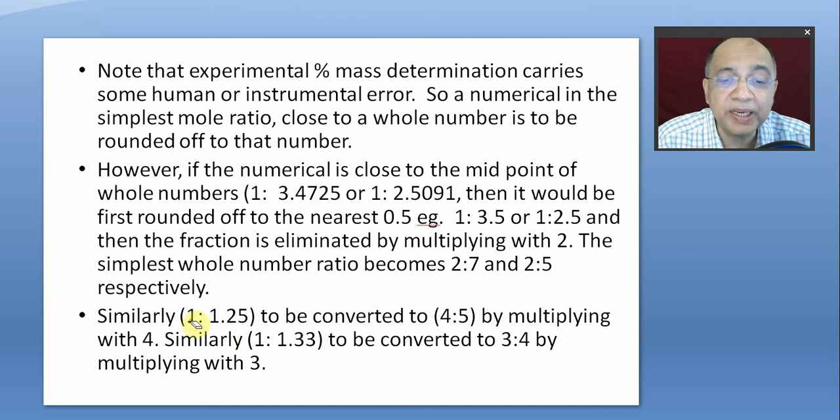You have to multiply the whole by 4, so it becomes 4, this becomes 5. Similarly, if you are getting close to 1.33, 2.33, 4.33, then you cannot round off to 1 or to any nearest whole number. You have to multiply the whole ratio by 3, so it becomes 3 here and this becomes 4 here. So in this way, we have to find out the simplest whole number ratio.